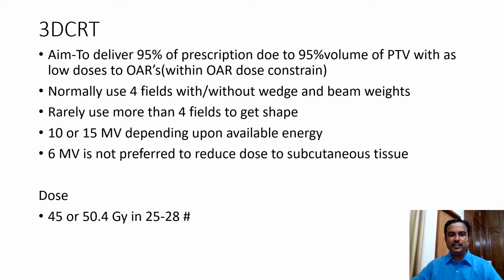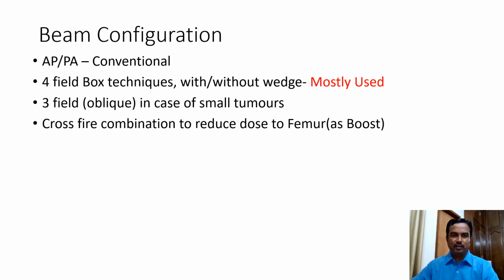And as far as the energy is concerned, we will be using 10 or 15 MV depending upon the availability. As the separation of the patient is expected to be higher in case of pelvis, we will not prefer the 6 MV for pelvis irradiation. The dose ranges from 45 to 50.4 Gy depending upon the stage, as per the treating consultant's choice.